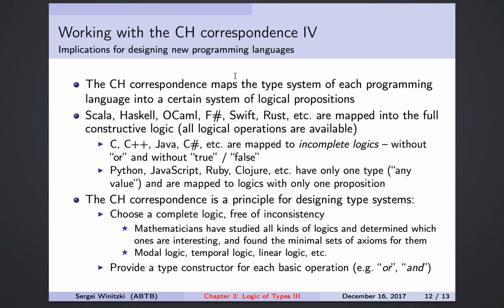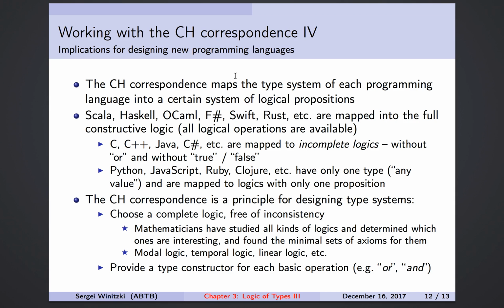As we have seen, the Curry-Howard correspondence is a map from a type system into a certain logical system, a system of axioms and derivation rules, and such that certain logical propositions are valid or are theorems, and others are not theorems. And correspondingly, those that are theorems can be implemented as functions, and others cannot be implemented.